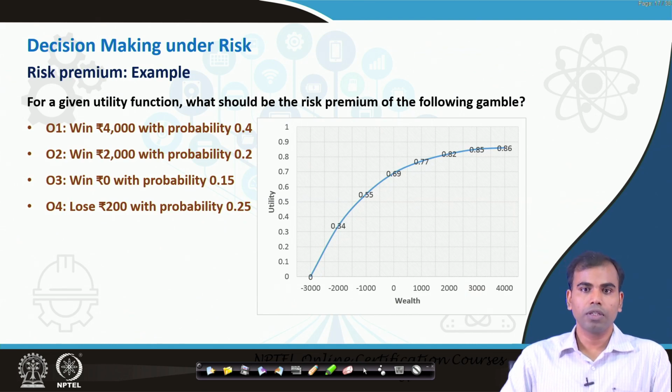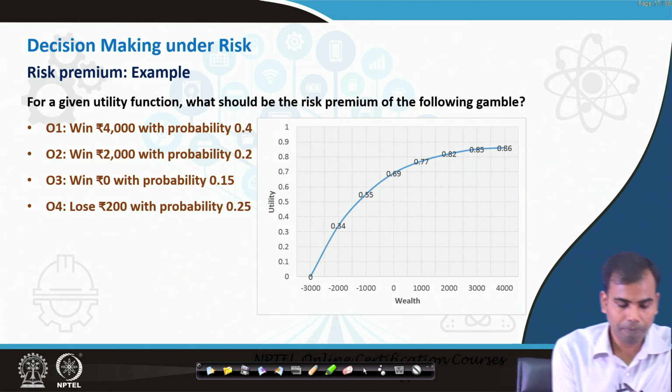So, first of all we will try to calculate the value of expected cash flows, which is basically 4000, 2000, 0 and minus 200. So, the way to calculate the expected value EV is as follows.